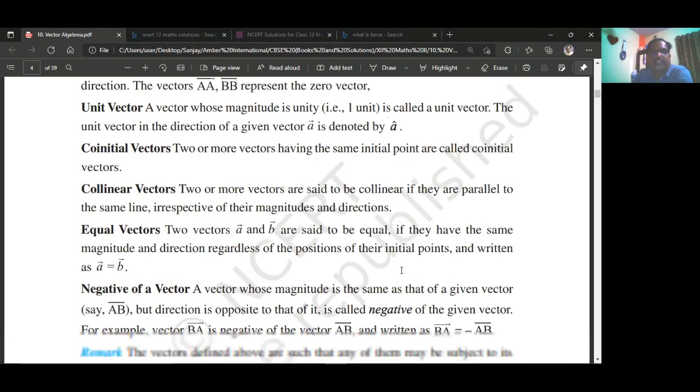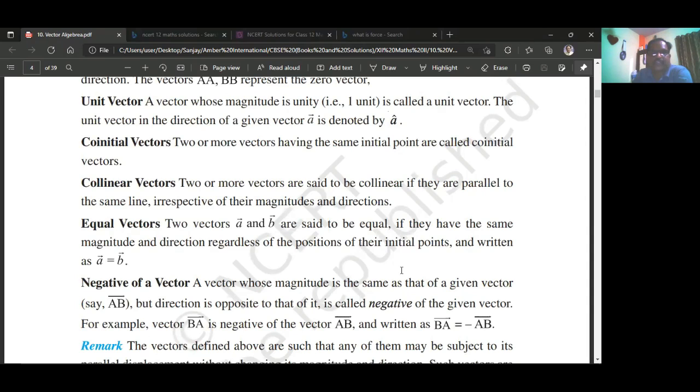Now let's move ahead. The next type is known as collinear vectors. Two or more vectors are said to be collinear if they are parallel to the same line irrespective of their magnitudes and directions. So any vectors which are parallel to some third line.